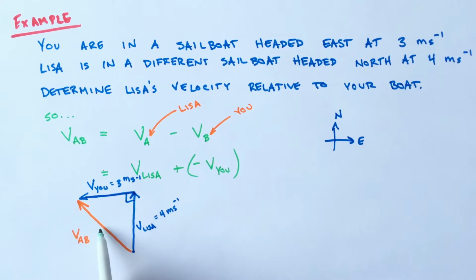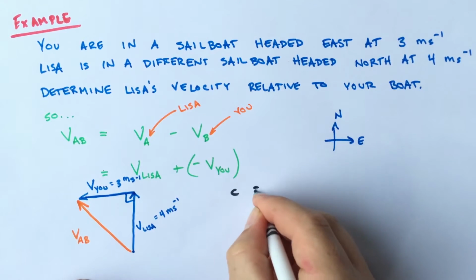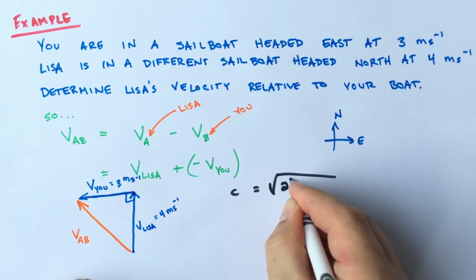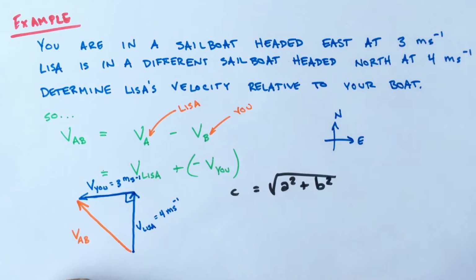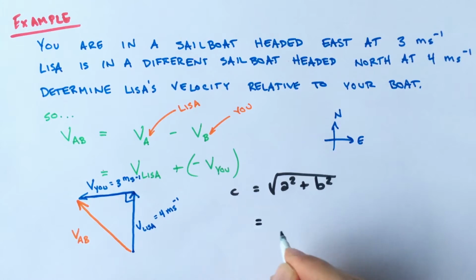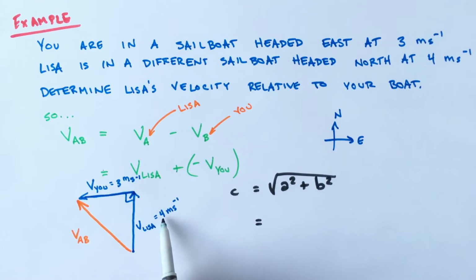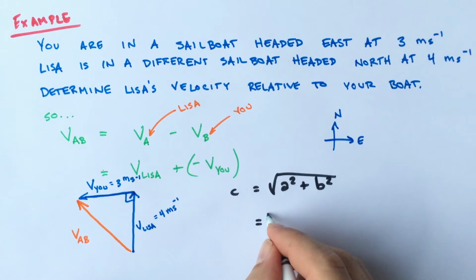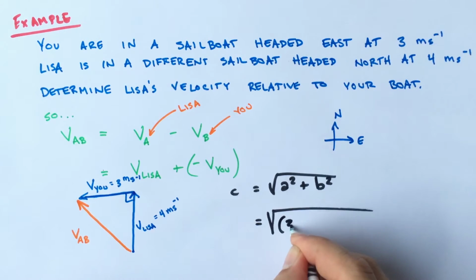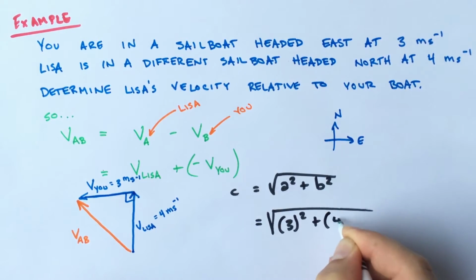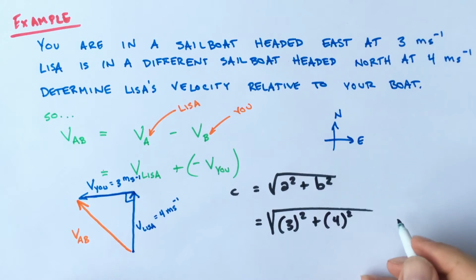We know this is the hypotenuse by saying that C is equal to the square root of A squared plus B squared. And in this problem, we have, let's call this A and this B, right? So this is equal to the square root of 3 squared plus 4 squared.